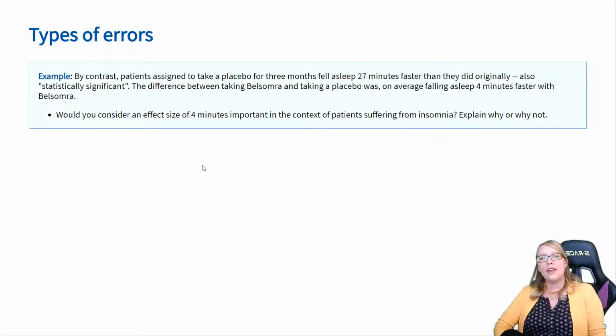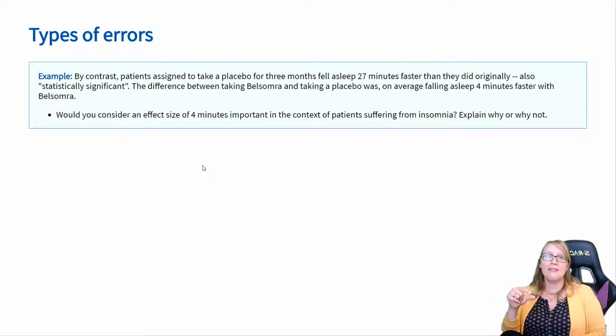Think about another situation. So patients assigned to take a placebo for 3 months fell asleep faster than they did originally, 27 minutes faster in fact. Also a significant difference. Here's the difference between taking Belsomra and taking a placebo. About 4 minutes faster with Belsomra versus the placebo.